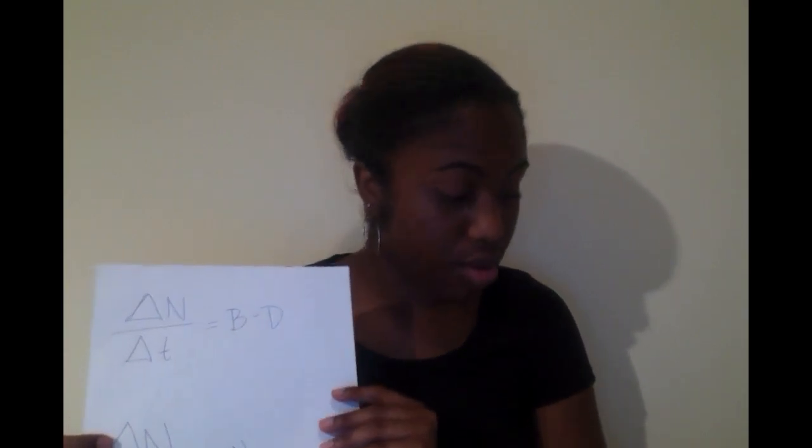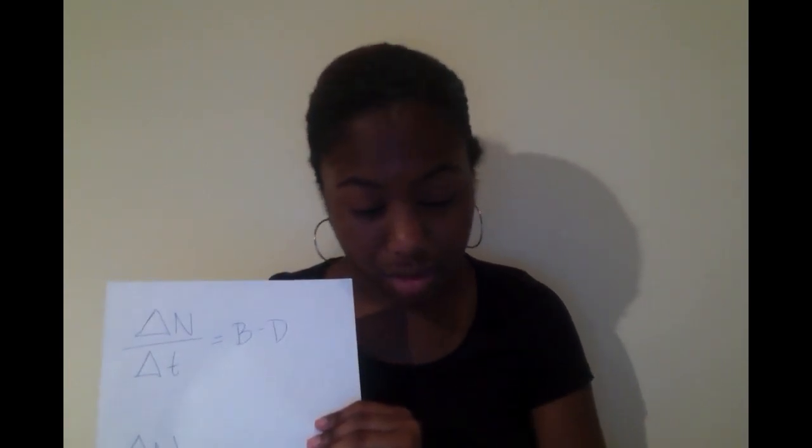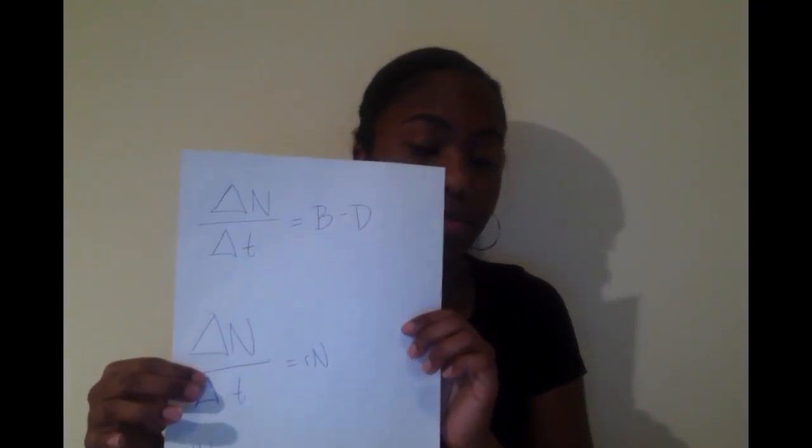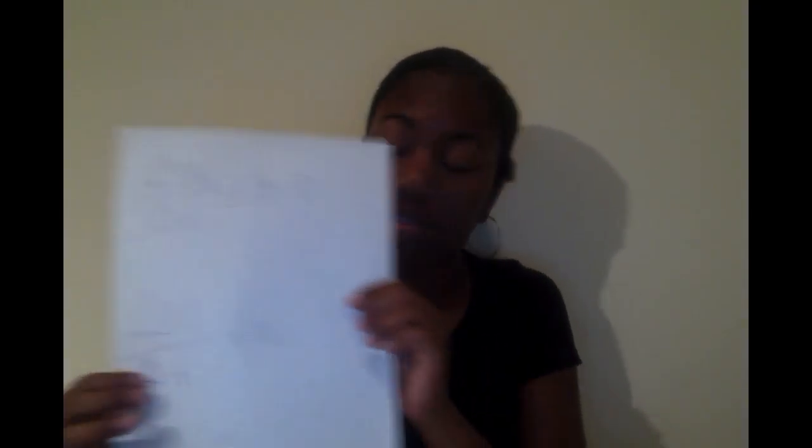So next we have zero population growth, which again is the change in population size during the time interval. But rN in this case stands for the per capita rate of increase times the population size, which will give you zero population growth.